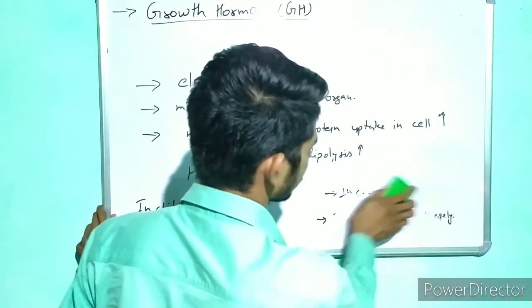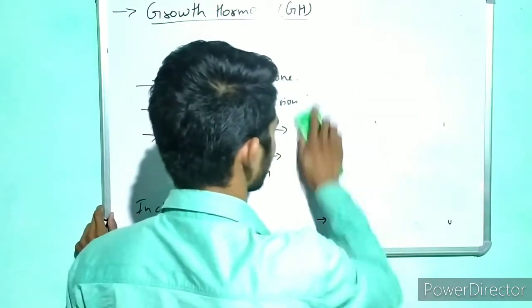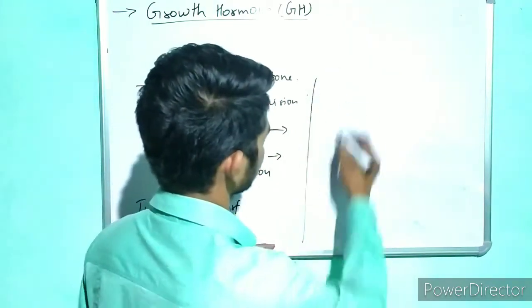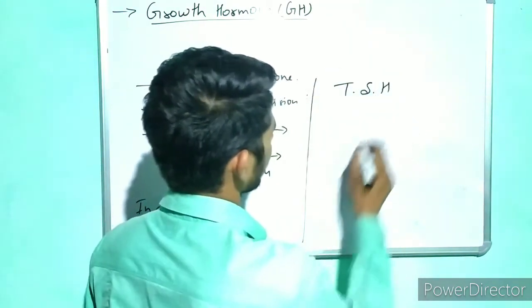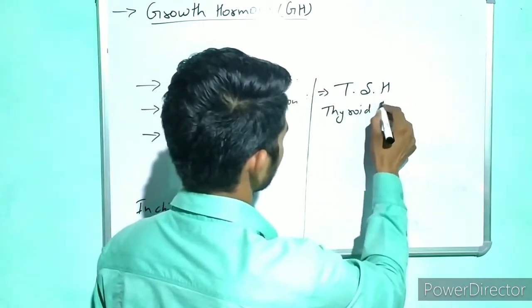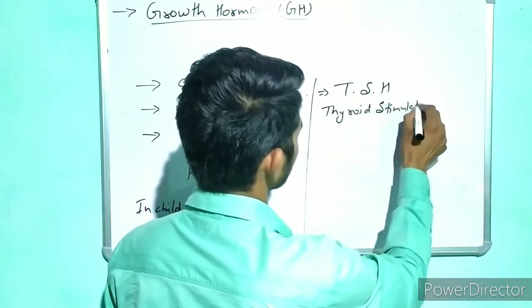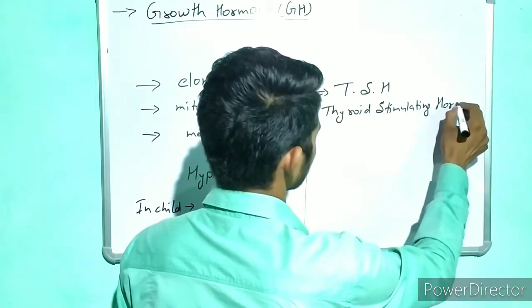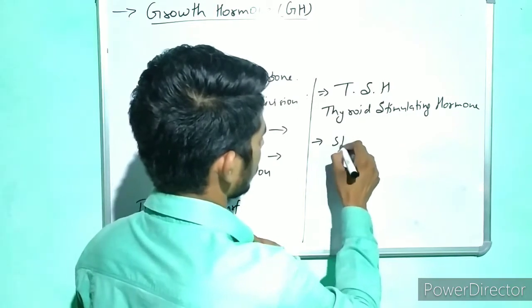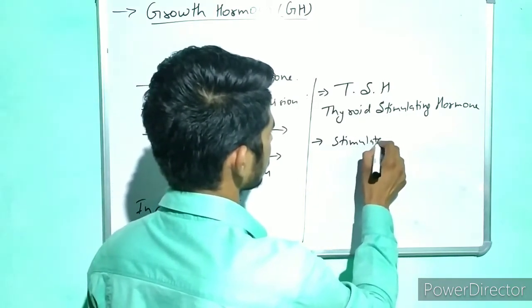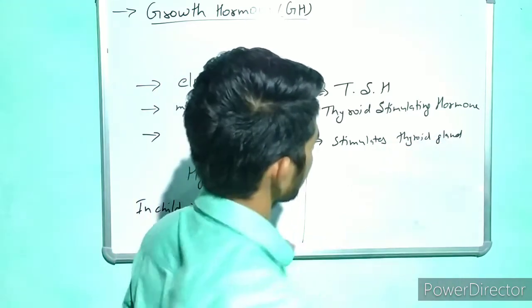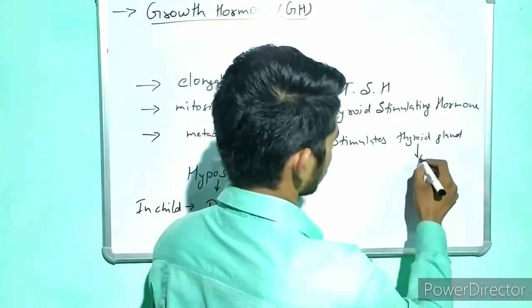Now TSH. TSH is thyroid stimulating hormone. TSH stimulates the thyroid gland to produce thyroxine hormone.